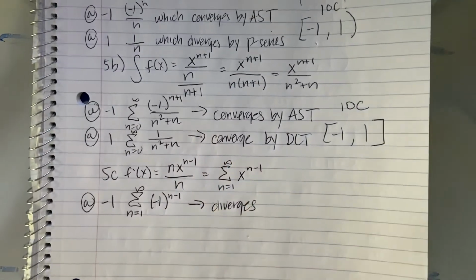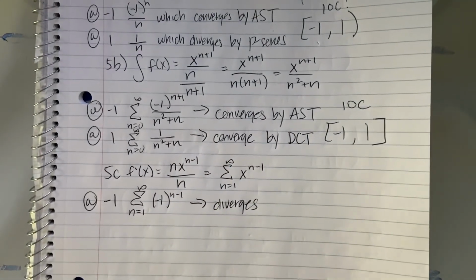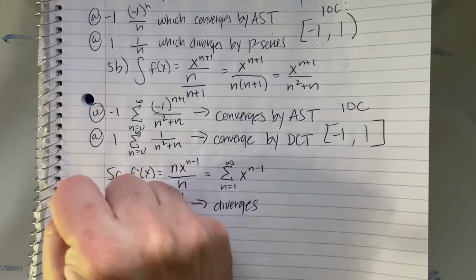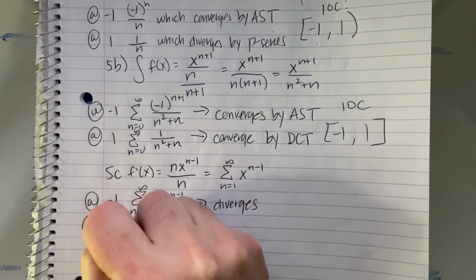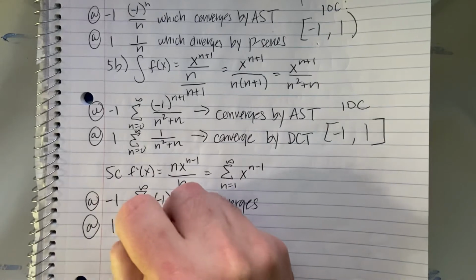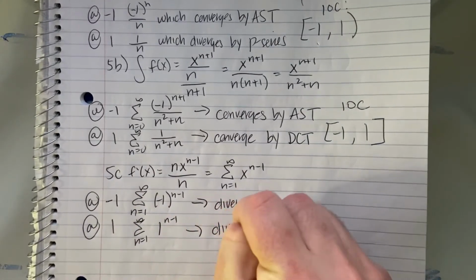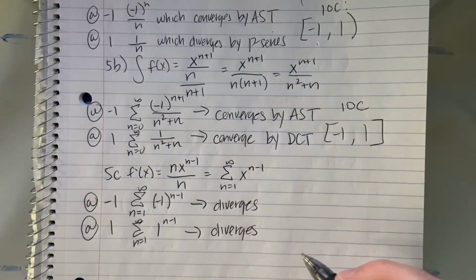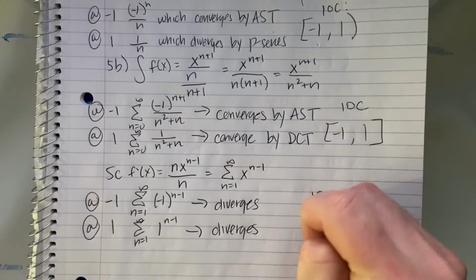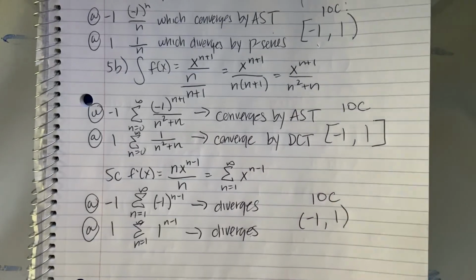And you can call it by the nth term, because the nth term is never 0. Now at 1, it becomes 1 to the n minus 1, which also diverges. So both of these endpoints aren't included for the interval of convergence, so it's just -1 to 1, neither one included.